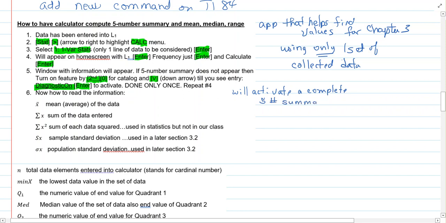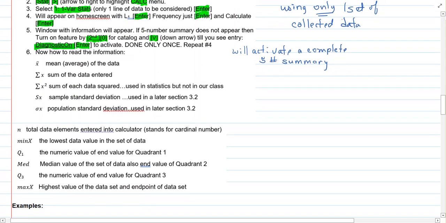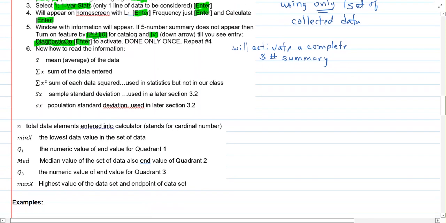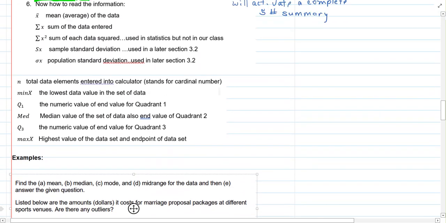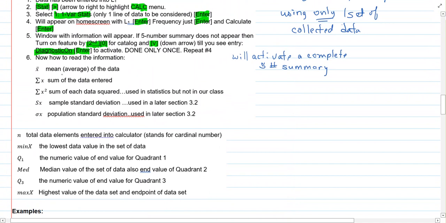And from this summary, we can get all the information we need. All right. So let's look at what happens after you enter. You're going to see an X bar, and the X bar is the average, the mean of the data of a sample or a population. It'll come out as an X bar.